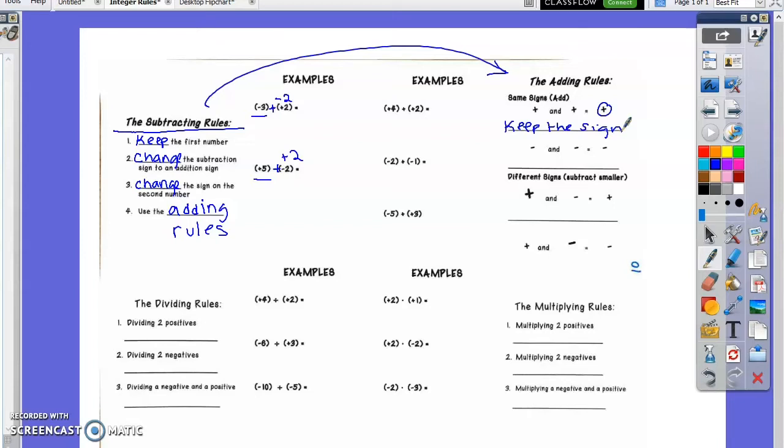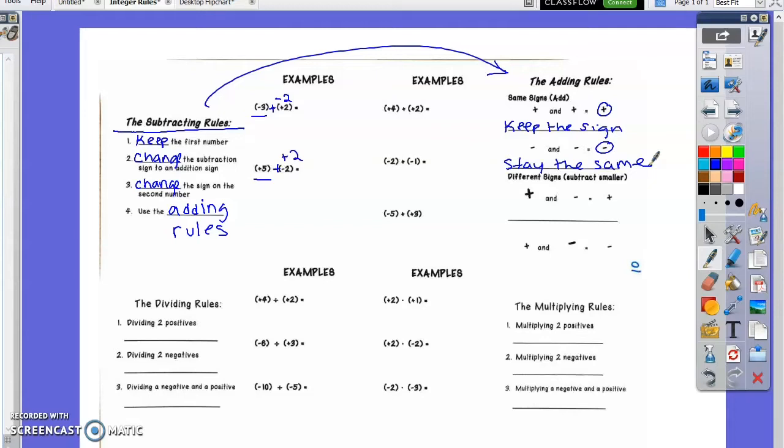A negative and a negative results in a negative. You are going to keep the sign, or you could say it's going to stay the same.